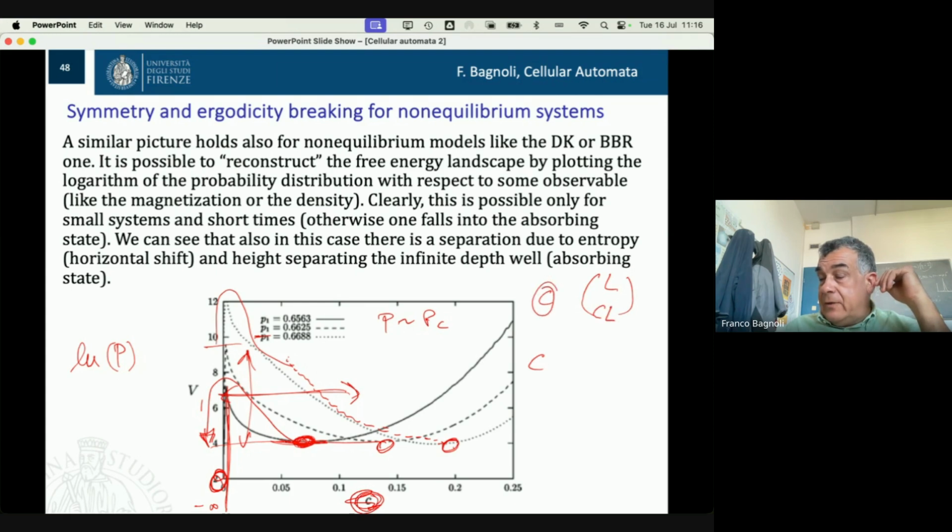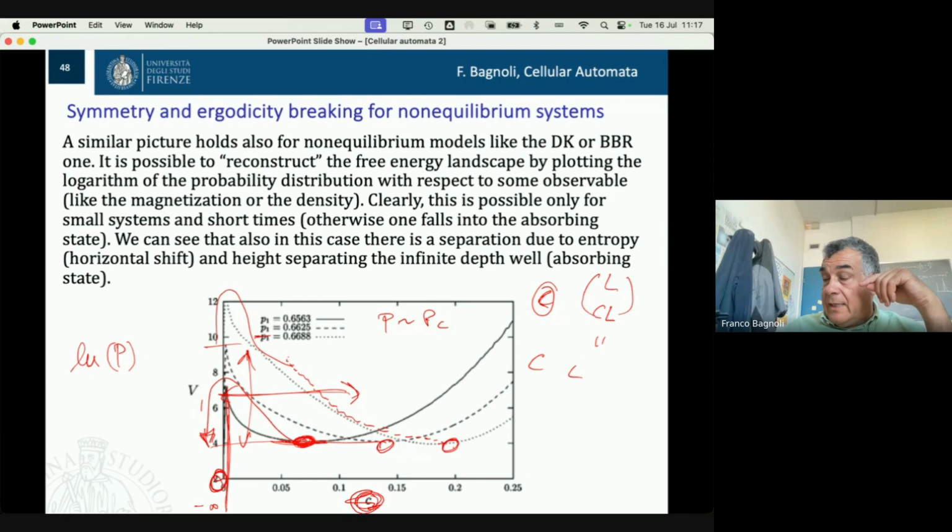For a given value of the density, meaning the number of ones with respect to the number of zeros, I have a lot of configurations that can have this magnetization, which is given essentially by the binomial term of the size of the system with respect to the number of ones.